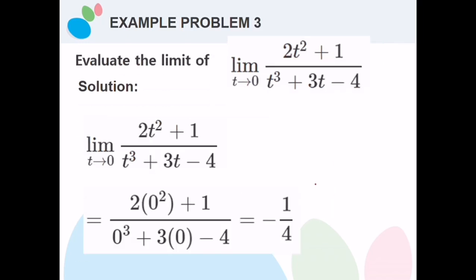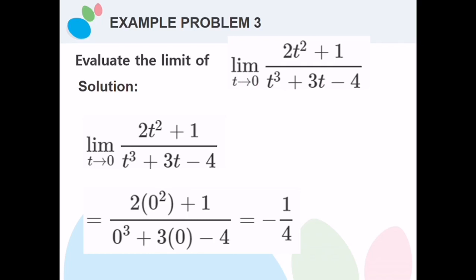In our third example problem, we are going again to evaluate the limit of 2t squared plus 1 divided by t raised to 3 plus 3t minus 4, where t approaches 0.